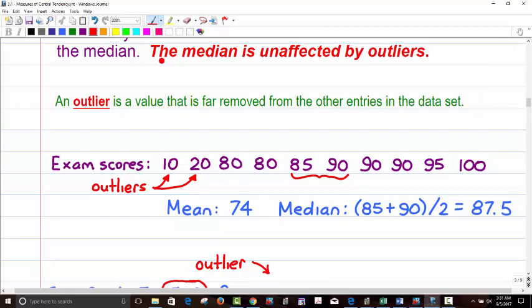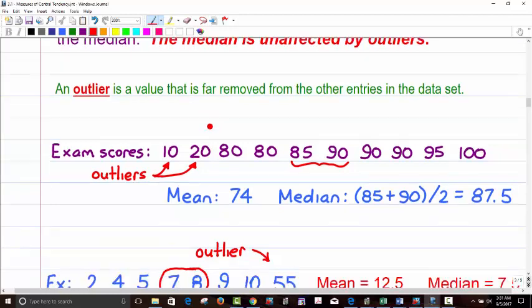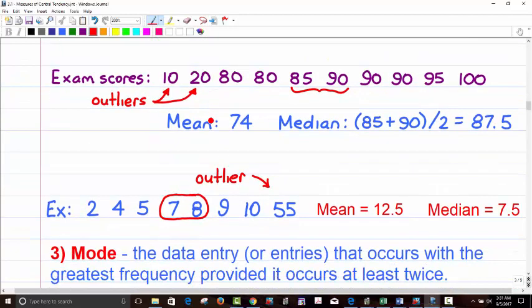We would consider those to be outliers. And we'll have more ways to talk about what really makes something an outlier, mathematically. Right now, just be aware of the idea of an outlier, and then we'll worry about specifics a little bit later.